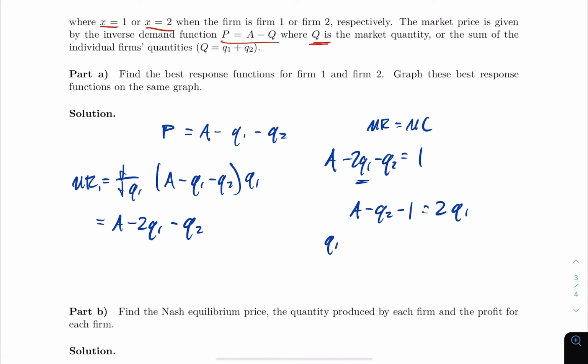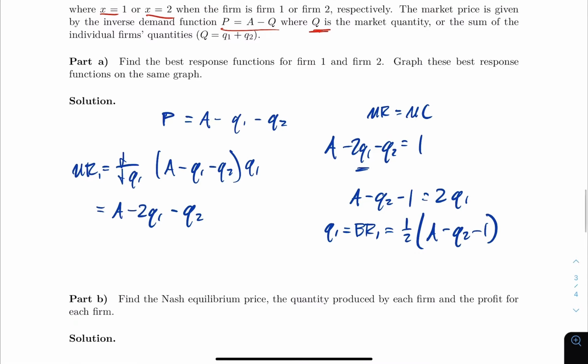So we get Q1 is equal to the best response, BR1, which is 1/2 (A minus Q2 minus 1).